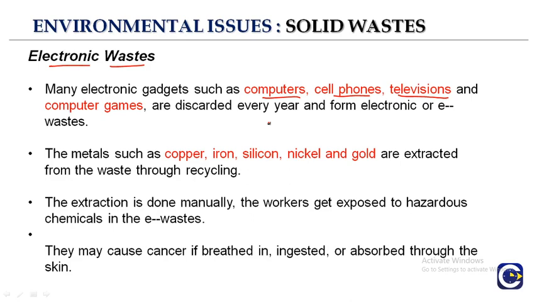So metals in those electronics like copper, iron, silicon, nickel, gold are extracted from the waste through recycling, right? China and Pakistan and India also extract metals such as copper, iron, silicon.